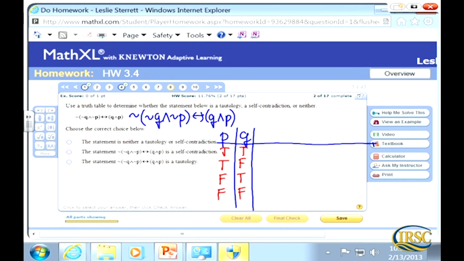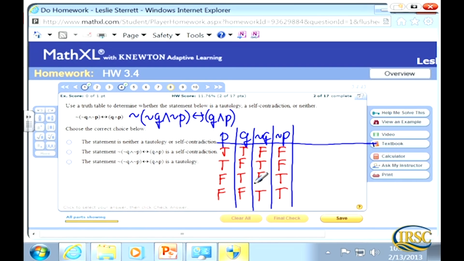So I'm going to make a column for those. And you can do it in this order if you wish, or you can put P first. It doesn't matter. Not Q is the one that comes first, and then not P. So not Q is the opposite of Q, giving us false, true, false, true. Not P is the opposite of P, so false, false, true, true.